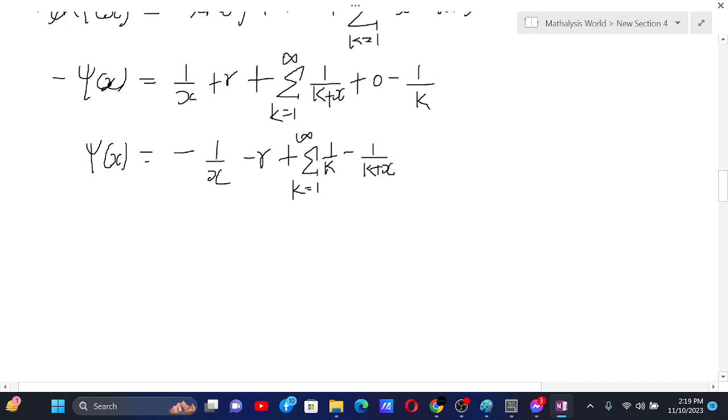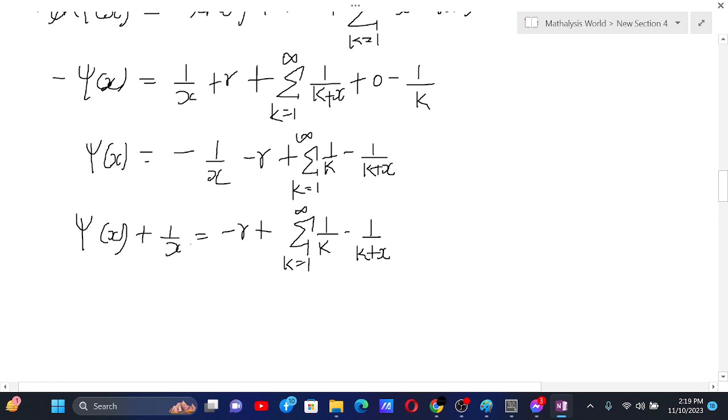Okay, so now if we bring this to the other side, we have digamma of x plus 1 by x equals minus gamma, the Euler-Mascheroni constant, plus sum from k equals 1 to infinity of 1 by k minus 1 by k plus x. Now this one invokes an interesting property. Basically we have x times gamma of x equals gamma of x plus 1.